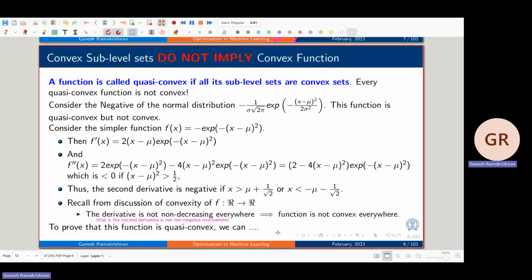So it is quasi-convex but not convex. Okay. You can show that it's quasi-convex very easily.